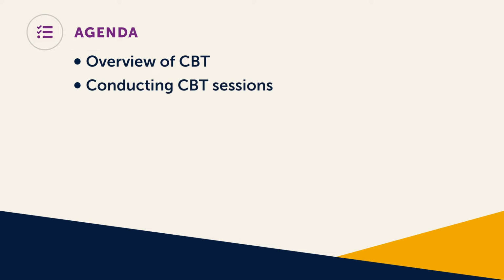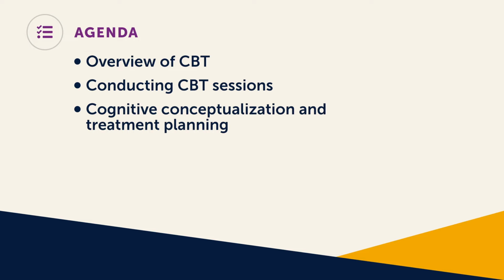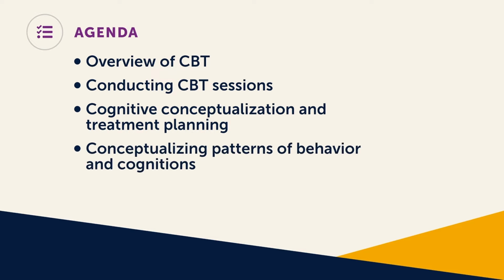In this first part of the course, I'm going to give you a broad overview of CBT. Next, we'll cover how to conduct CBT sessions. After that, we'll talk about cognitive conceptualization and treatment planning. Later, we'll discuss people's helpful and unhelpful patterns of behavior and cognitions.